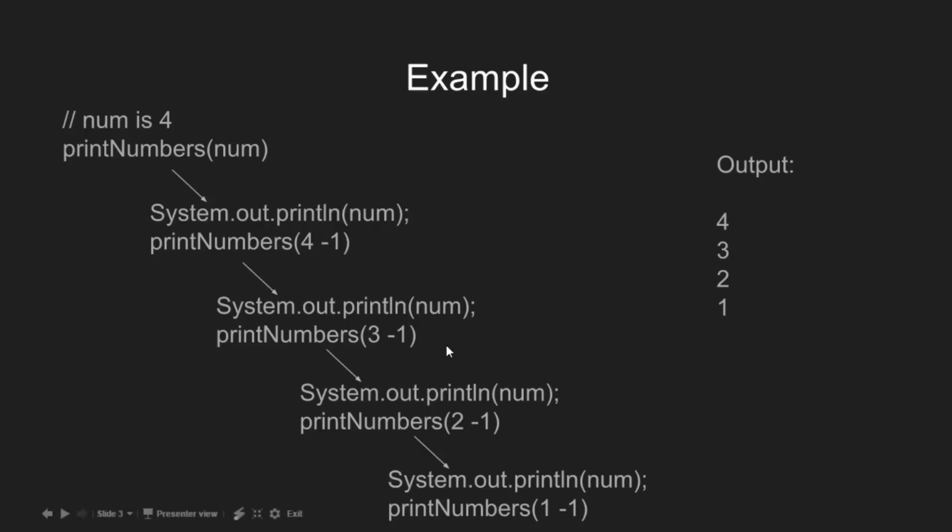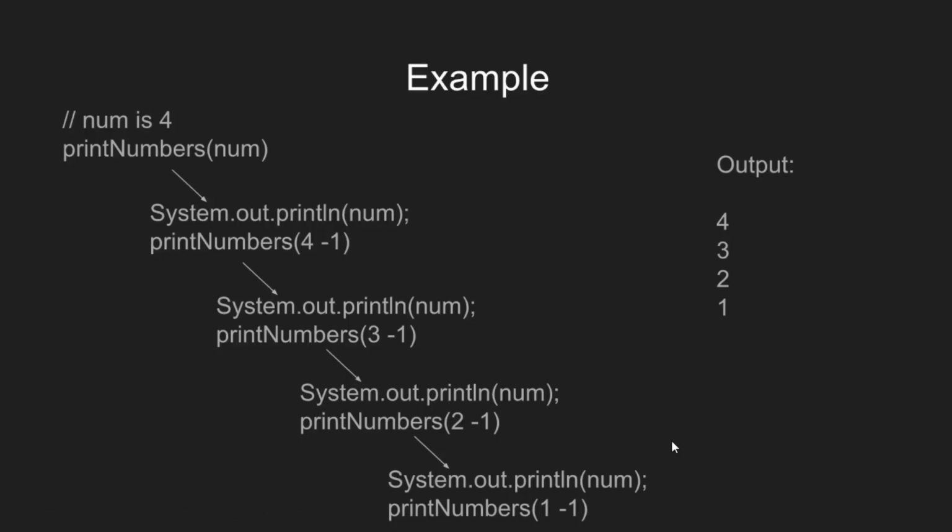Once it comes to 1 minus 1, it will go back to printNumbers, where I haven't shown you the code right here. There is a base case that if num is equal to 0, then do nothing. So that base case will become true, then this recursion will stop. So we will print all the numbers from 4 down to 1.